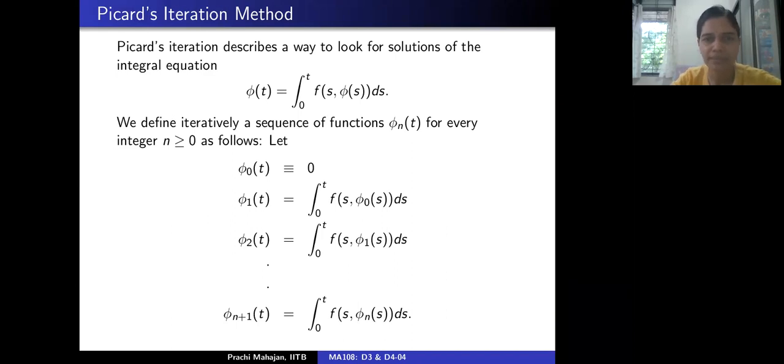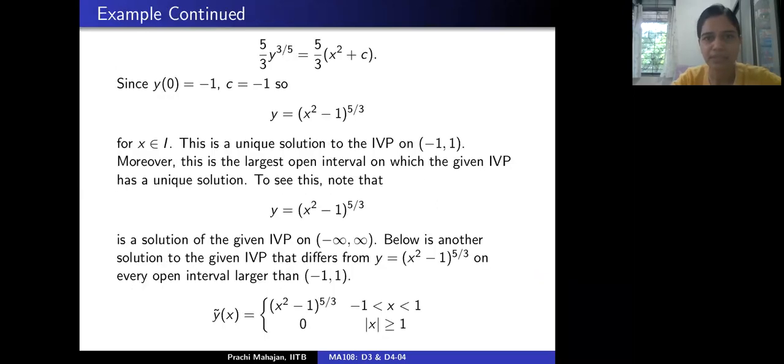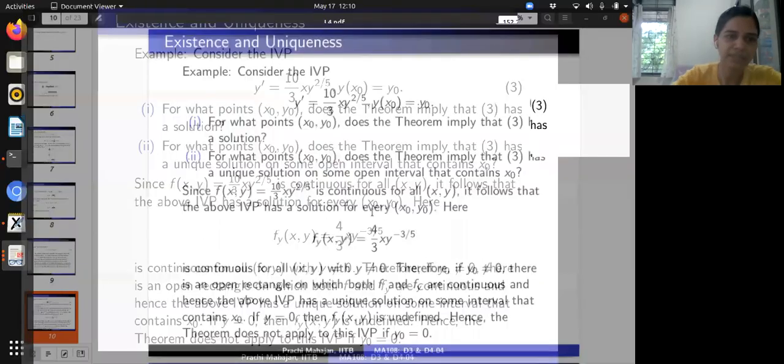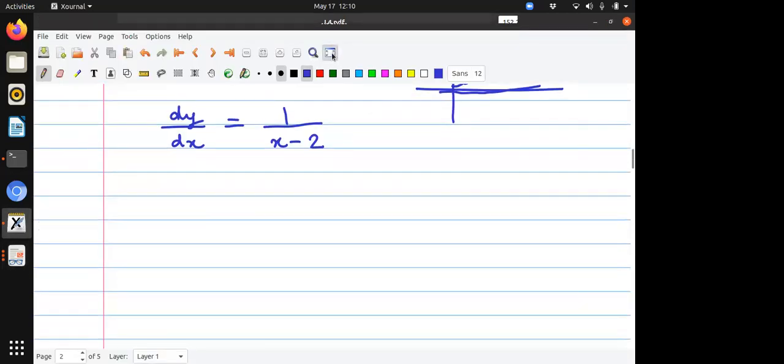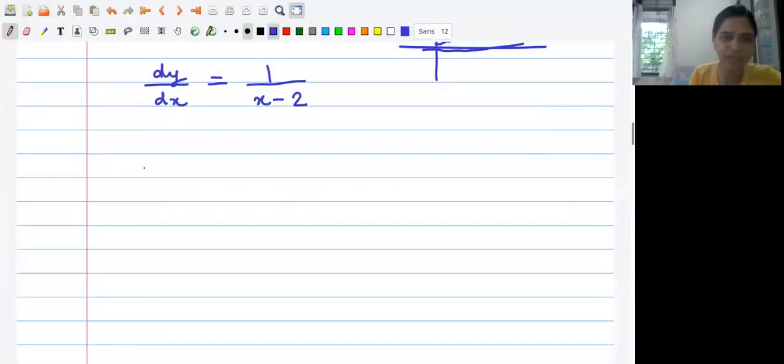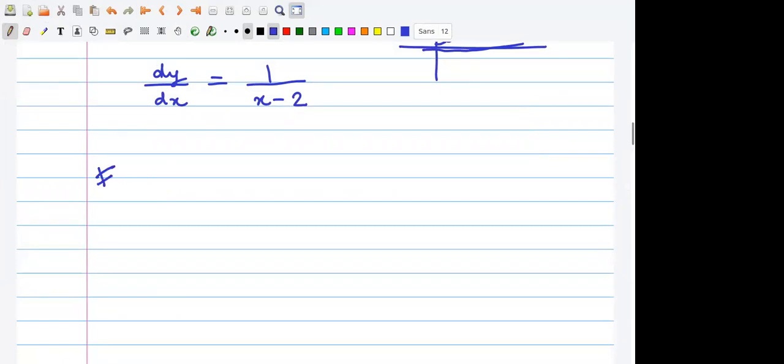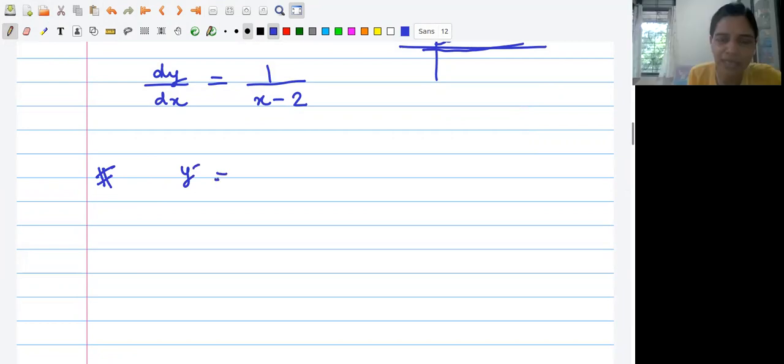Let's say this is how we construct the Picard iterates. Ideally I would like you to think about it, because this is also there in the tutorial. Yes, this is our given ODE and this is the initial data.